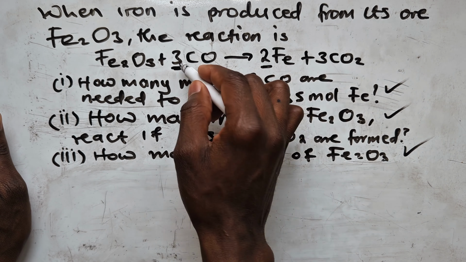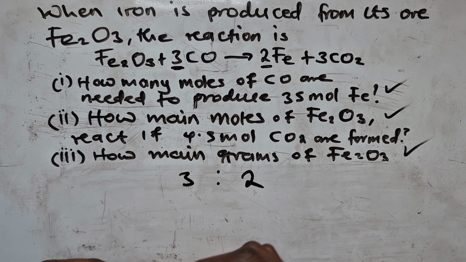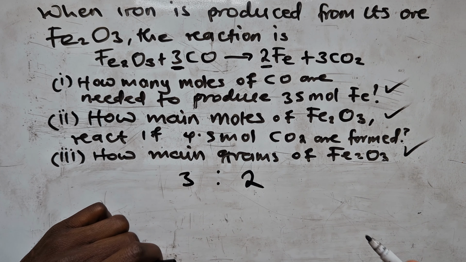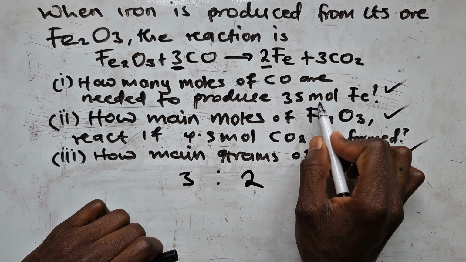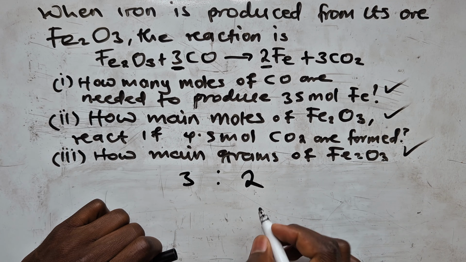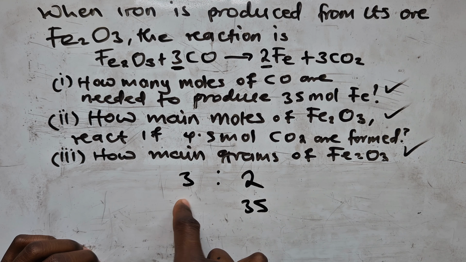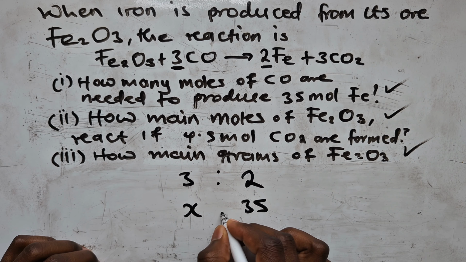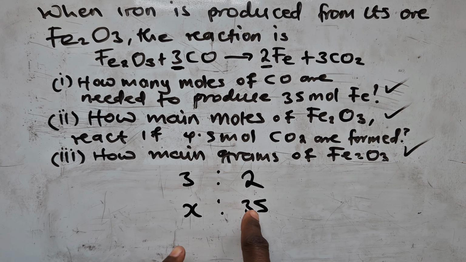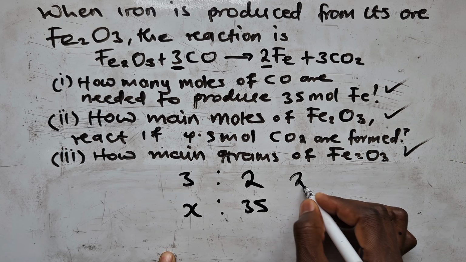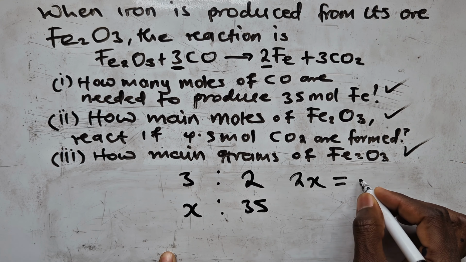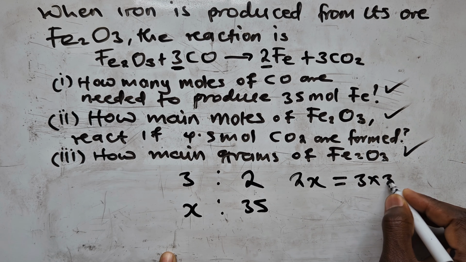You just get the moles that are there, which were used to balance up the equation. So we have the number of moles already given for iron, which is 35. But we don't know what number of moles is here, so we'll do this. Then you'll be required to multiply this and that. That will be 2x equal to 3 multiplied by 35.